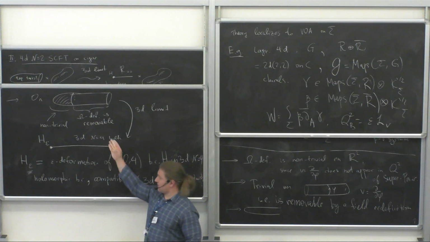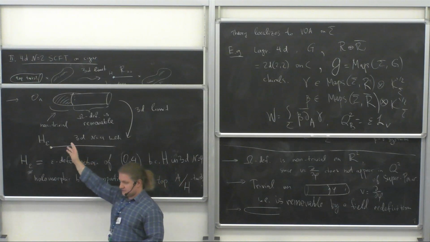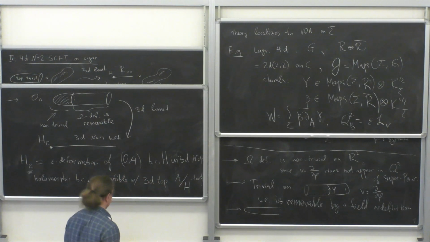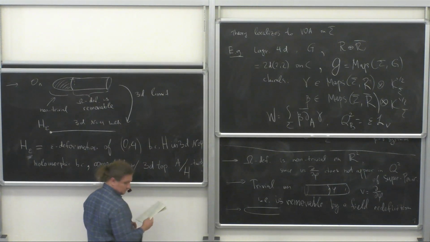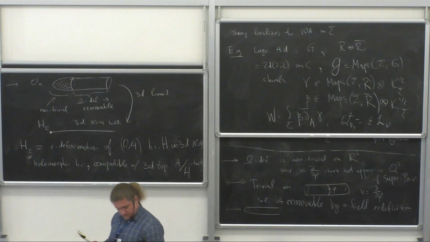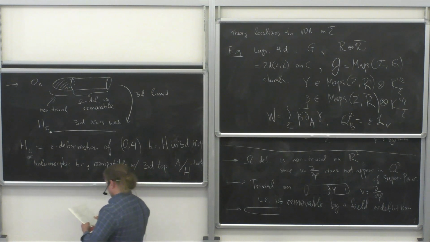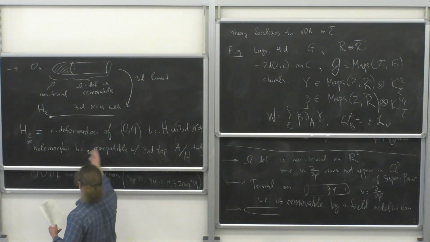So I can apply this topological twist in the bulk, and the boundary condition turns out to be still compatible with it and becomes a holomorphic boundary condition. So what is this boundary condition, and what is the deformation?